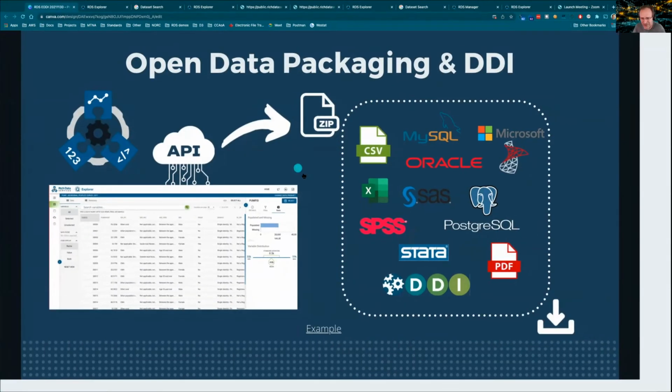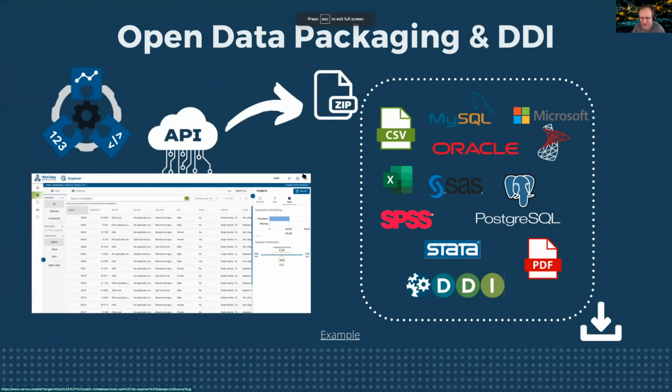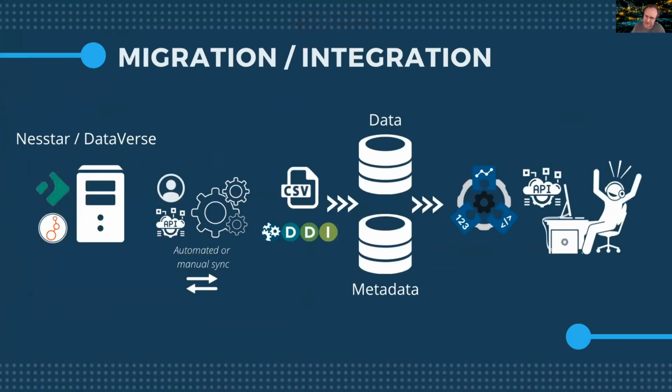A couple of other things where DDI is useful to RDS. One, as I said, it's great for migration and integration. For example, if somebody has a Nesstar server, we would use DDI and combine it with data extracted from the Nesstar server into CSV, combine both and load that into RDS.